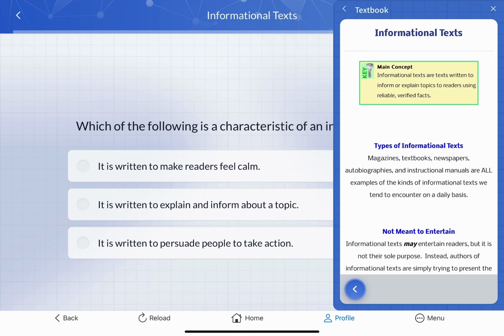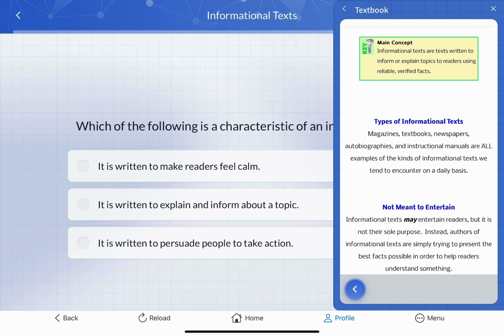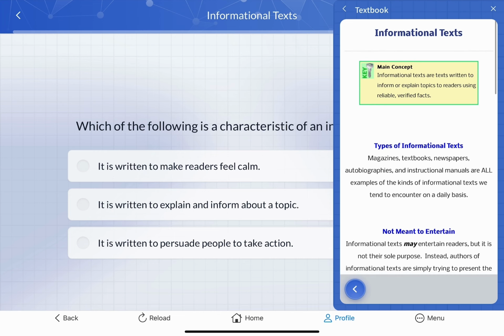But this one is informational text, and informational text is basically an essay, or text that is written to inform or explain the topic to the reader, giving us information about it, like verified facts, using it reliably.